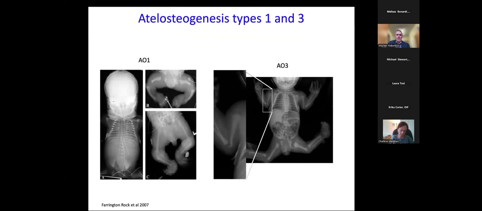Osteogenesis, literally Greek meaning incomplete and disordered ossification, describes the phenotype very well. So missing ossification of vertebral elements in the neonatal period, very disordered ossification of the long bones of the limbs, and often missing elements in the acral regions, in the hands and the feet.